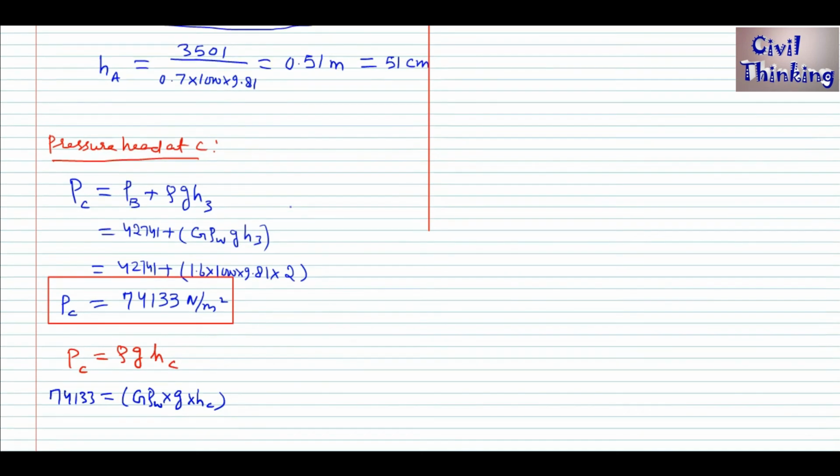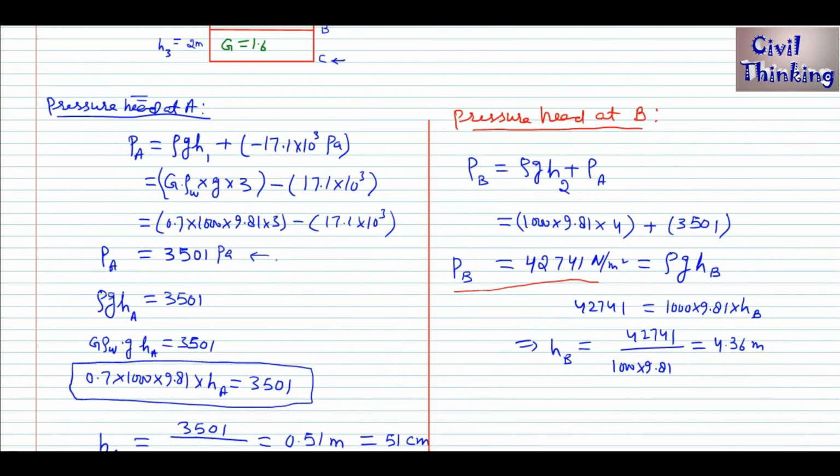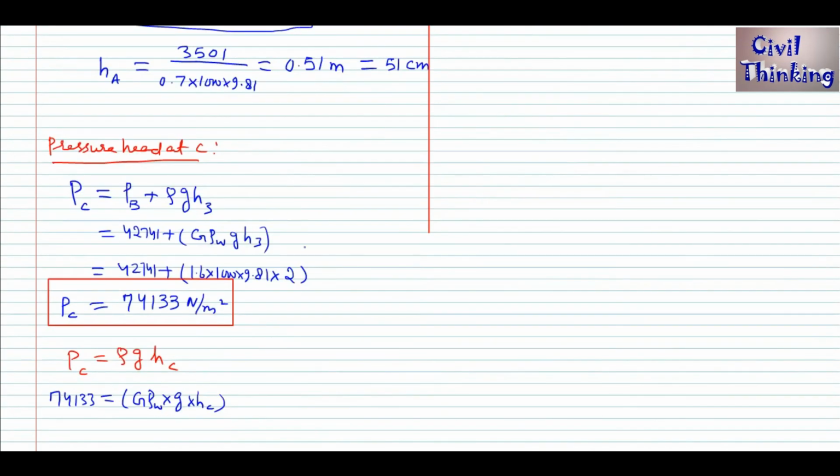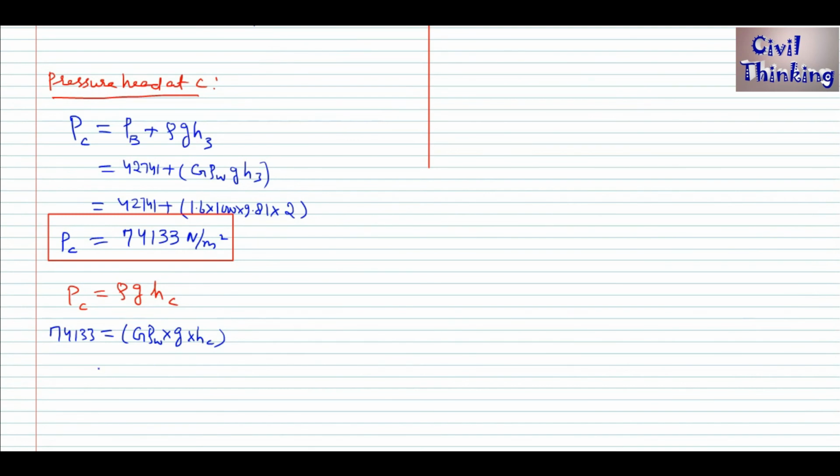The specific gravity of this unknown fluid is 1.6. So this is 1.6 multiplied by 1000 multiplied by 9.81 multiplied by HC, equal to 74133.